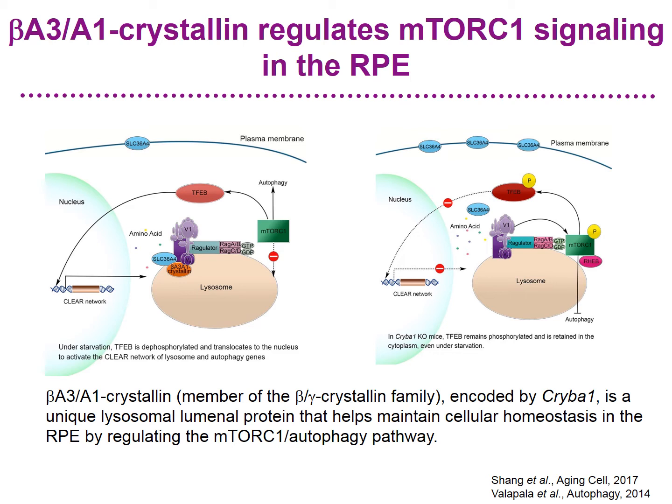Thus, it is an important upstream regulator of the mTORC1 pathway. As shown in the cartoon, loss of this protein in RPE cells activates mTORC1 even during starvation and inhibits autophagy.